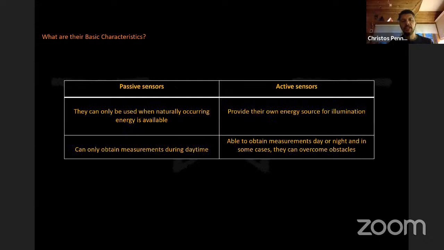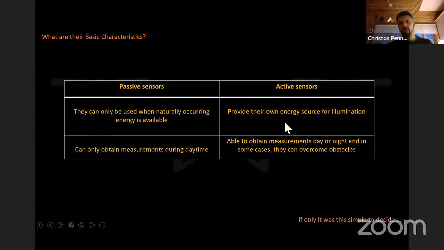But what are the basic characteristics for both passive and active sensors? Passive sensors can only be used when naturally occurring energy is available and can only obtain measurements during daytime. Of course, since we have no light emitted on our target during nighttime, the passive sensors cannot record anything.